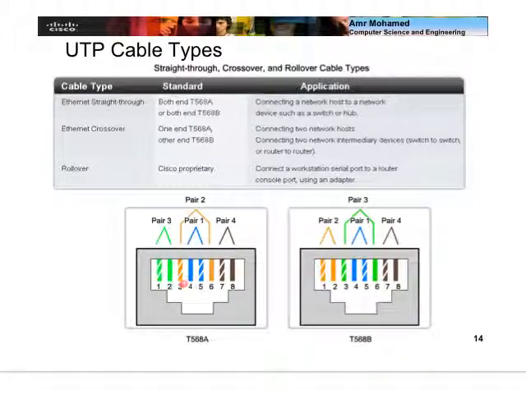Of course, the wires tend to have specific colors, green or striped green, and so on, and you have to put them in sequence according to this color or this color. This is called T568A and T568B. So you have two different configurations, and if you have the same configuration on both sides, then this is what we call a straight-through cable.